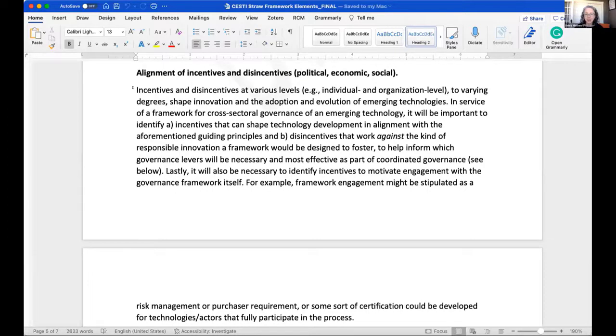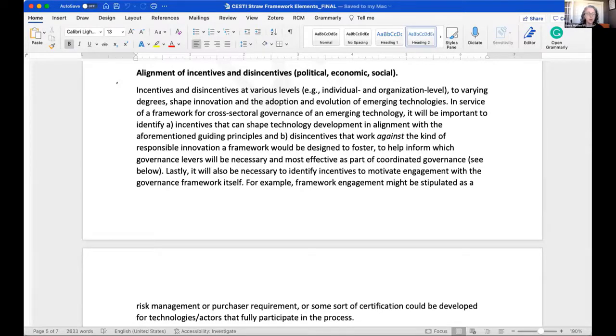You've heard many people talk about incentives over the last day and change. And CESTI indeed spent a lot of time thinking hard about incentives. We're talking about incentives and disincentives at various levels, individual, organizational, sectoral, and how those incentives shape innovation and the adoption and evolution of emerging technologies.